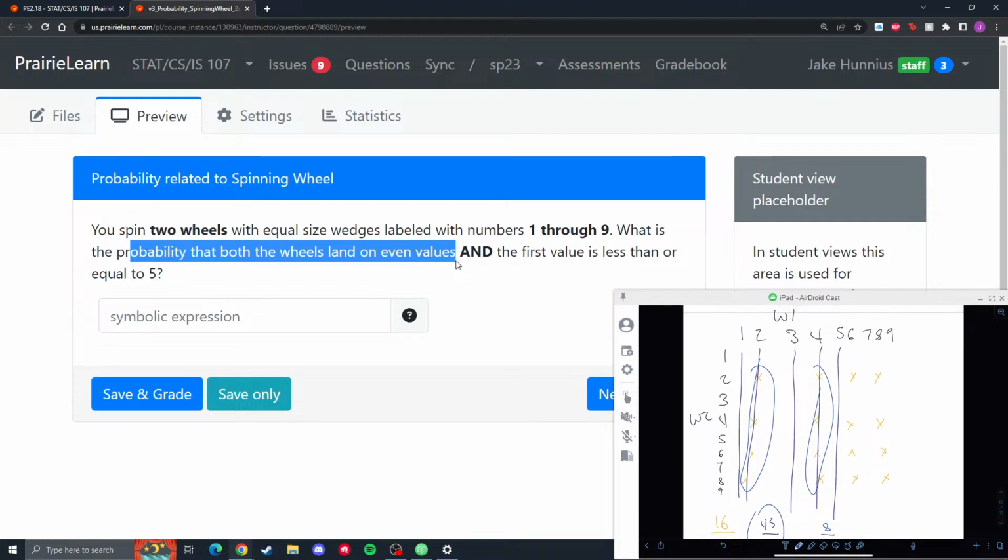You can do this by hand without drawing it out, and then think of the second one. It's where they're both even. There's not going to be a lot of them.